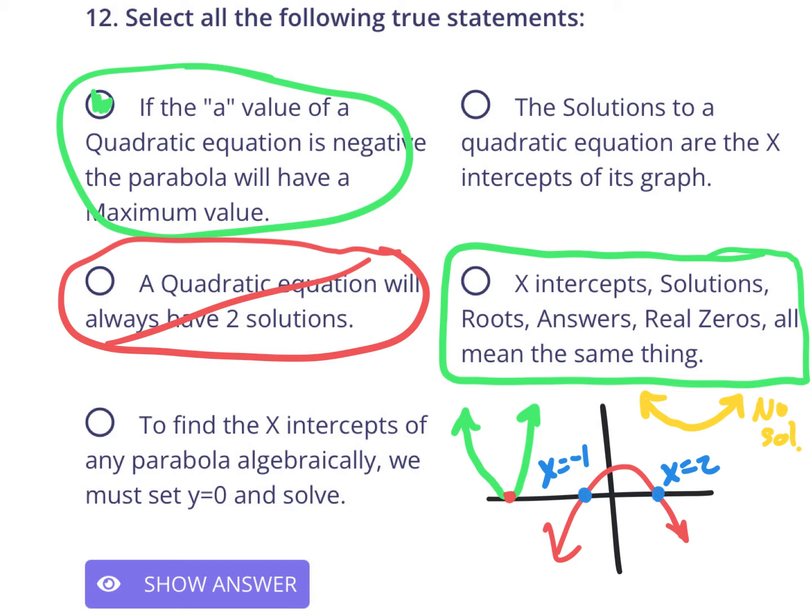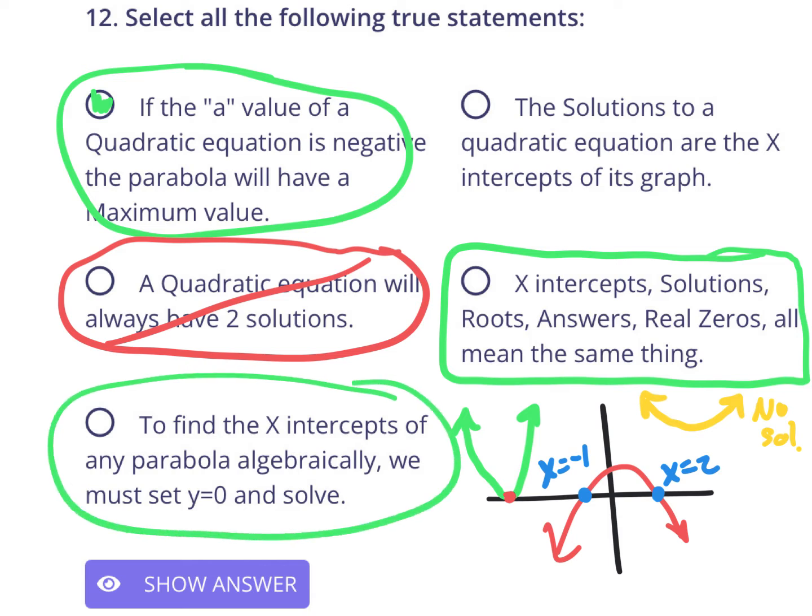But it's not saying visually, it's saying to find the x-intercepts of any parabola algebraically, using algebra. So whatever your equation is, you must set the y equal to 0 and solve. That's true. We also jotted this down in our notes in class that to find the x-intercept, we set y equal to 0. To find the y-intercept, we set x equal to 0. So those are good things to review. This is a true statement.